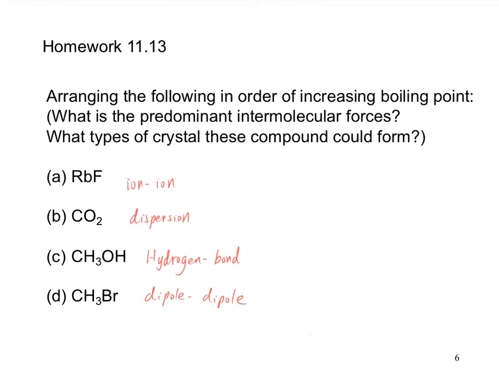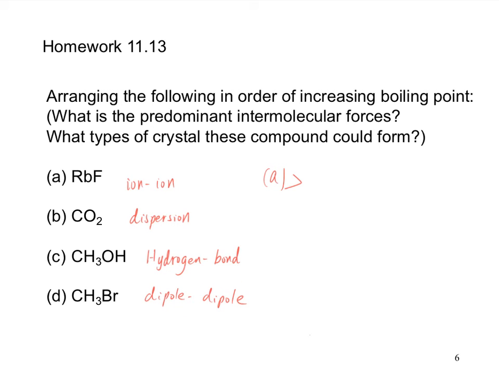Now, based on our understanding, the strongest predominant intermolecular force among these four should be ion. So therefore, this compound should have the highest boiling point. So A has the highest boiling point. The next one, among dispersion, hydrogen bond, and dipole, we know that hydrogen bond is, generally speaking, stronger than dipole.